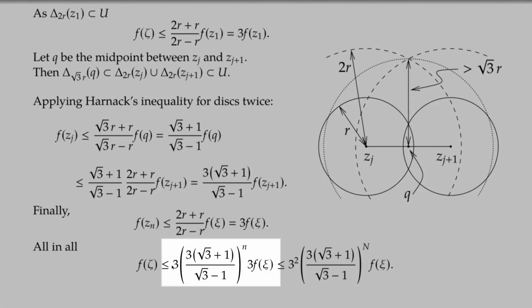We get a 3 in the beginning, 3 in the end, and then for each step in between, we get one of these factors over here.